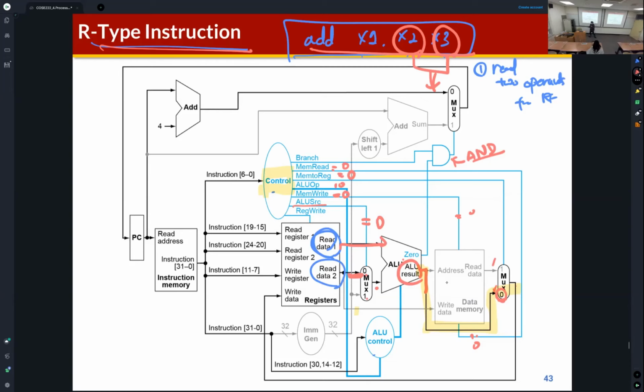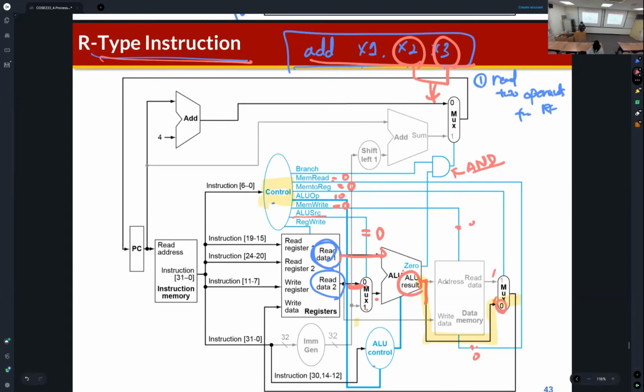So if the R-type instruction, like add x1, x2, x3, is the current instruction, then this branch control signal becomes 0, right? So simple, right? Okay. So we determined all these control signals except the reg write.